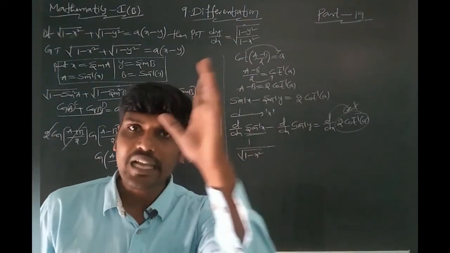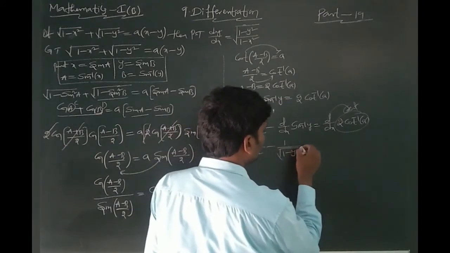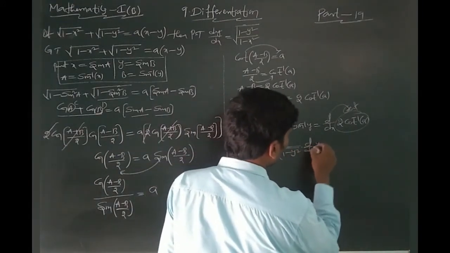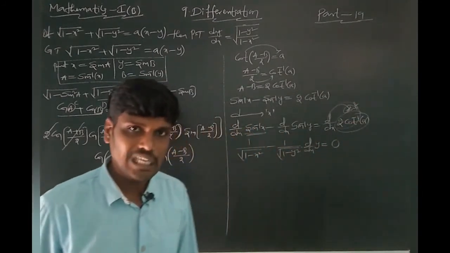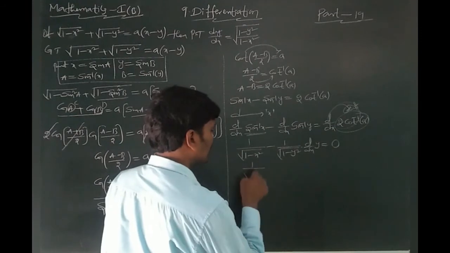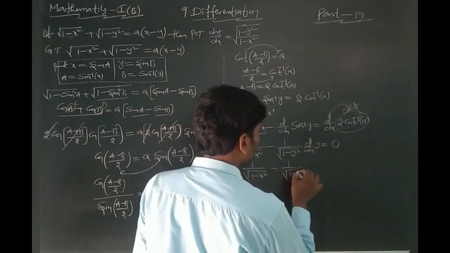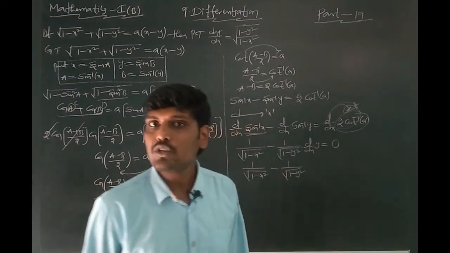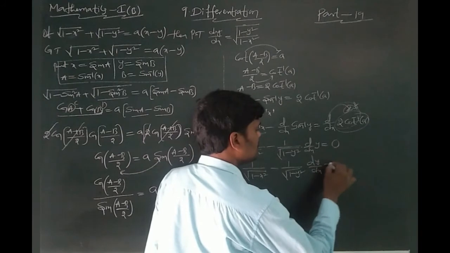Minus, we know the sin inverse y derivative: 1 by square root of 1 minus y² into derivative of y, equal to 0. After that we can write 1 by square root of 1 minus x² minus 1 by square root of 1 minus y² into dy by dx is equal to 0.